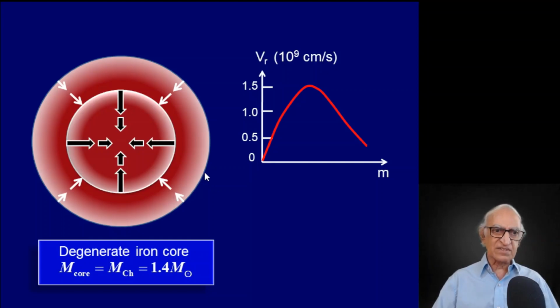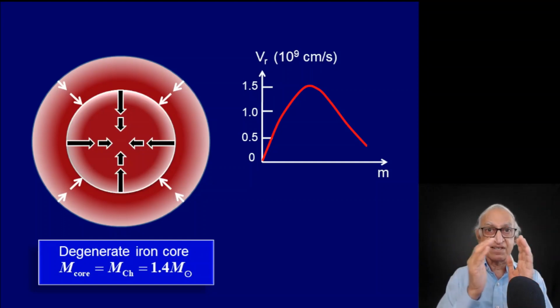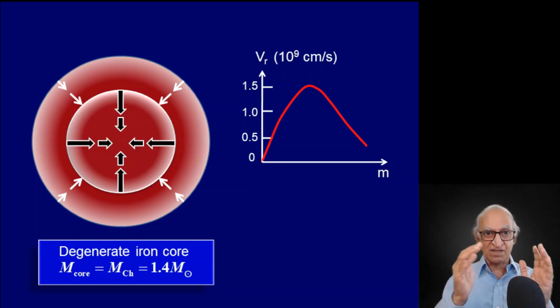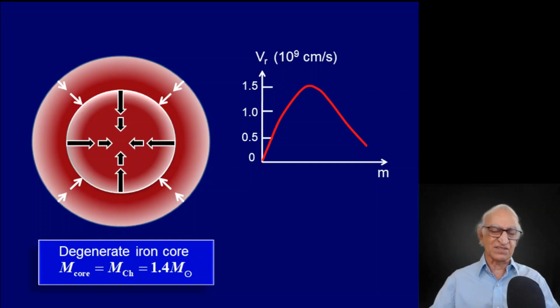What calculations tell us, what is plotted on this inset, in the vertical axis is the radial velocity of the collapse, and what is plotted on the x-axis is either the radius or the Lagrangian mass coordinate. In other words, the mass contained within a radius small r. So as r increases, the mass increases. So I could either plot it as a function of radial distance r or the Lagrangian mass coordinate, and there is no need to get confused about it.